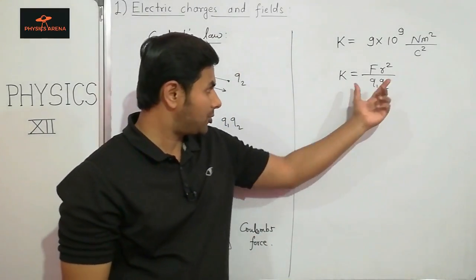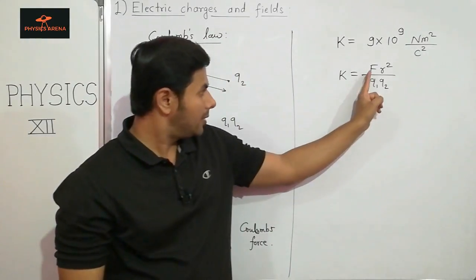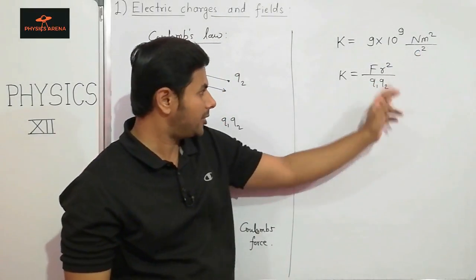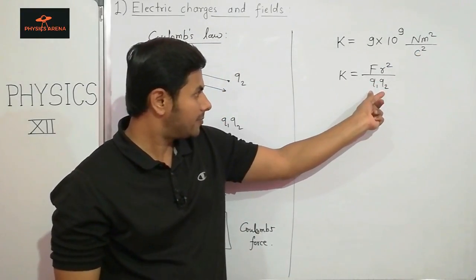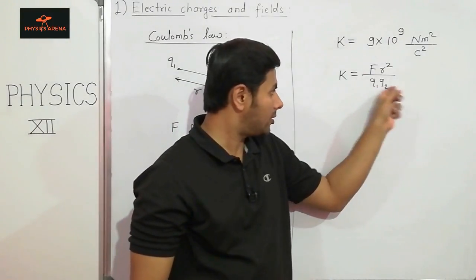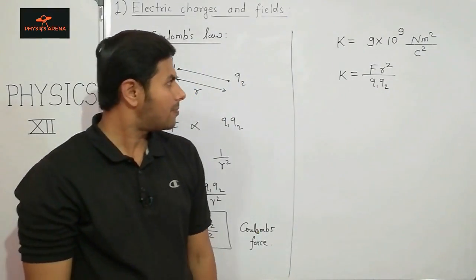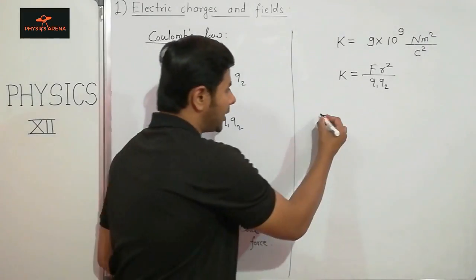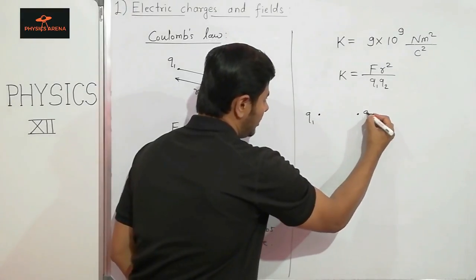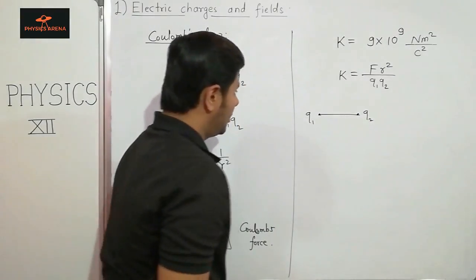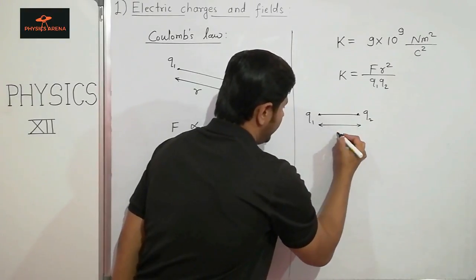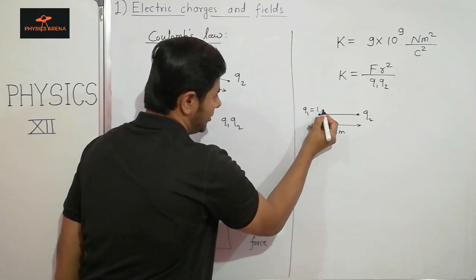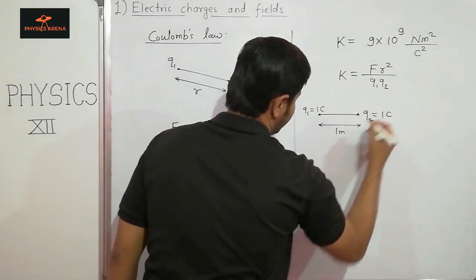Now the unit of K should be equal to the unit of the right-hand side. Force is measured in newtons, distance in meters, SI units. Charges have the SI unit of coulomb, so coulomb times coulomb is coulomb squared. What this means for us is that suppose we have two charges, Q1 and Q2, separated by 1 meter, and the magnitudes of the charges are 1 coulomb and 1 coulomb respectively.